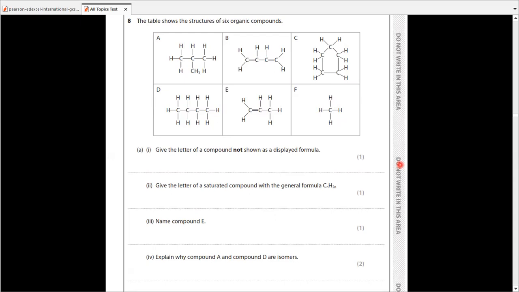And then explain why compound A and compound D are isomers. Oh, they are isomers. They are the same element just drawn differently, or displayed differently with a different structure. This would get you 1 mark, but not the other.